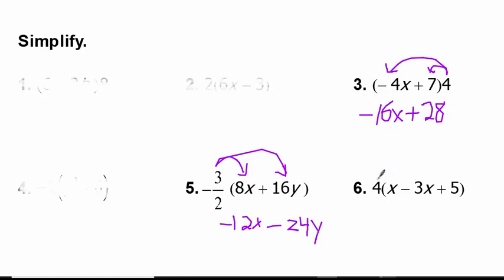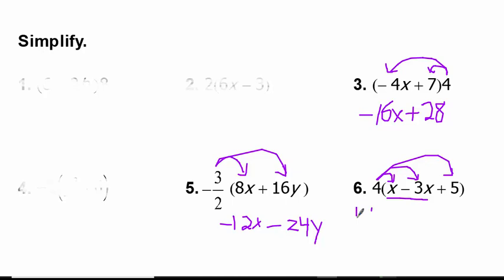I can also distribute to more than 2 terms. You just keep going. Every one of these has the 4. Now, I also do notice that these two happen to have the same term. So I could distribute first and then combine like terms, or I could combine like terms and then distribute. Both ways work.